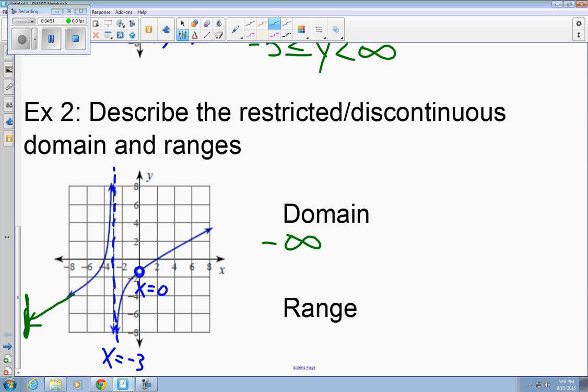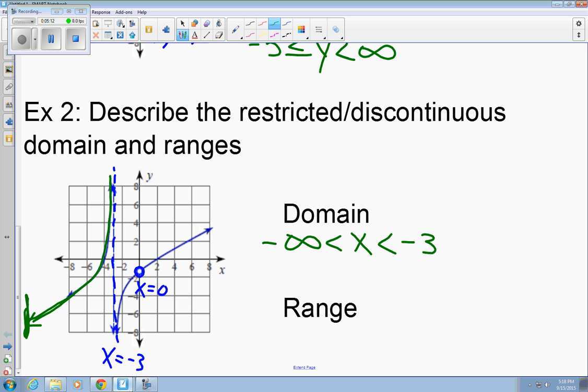Remember, negative infinity is never equal, so it's less than x, and it's going to run right next to the asymptote. You cannot touch the asymptote, so x is less than, and what's the asymptote at? -3. That is one part of our domain.